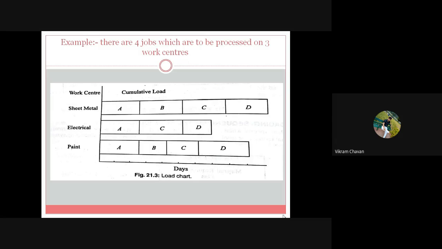Jobs A, B, C, and D require sheet metal and painting work.